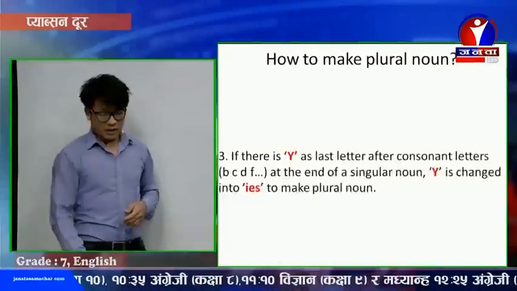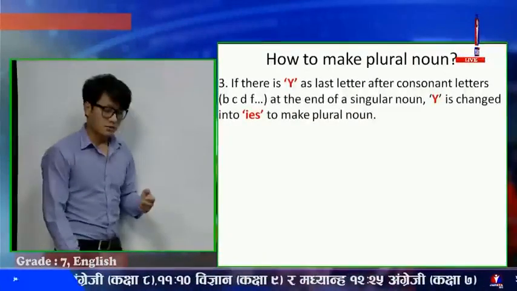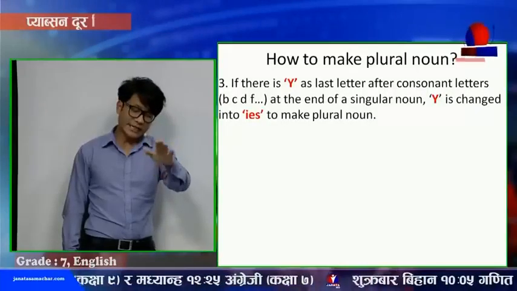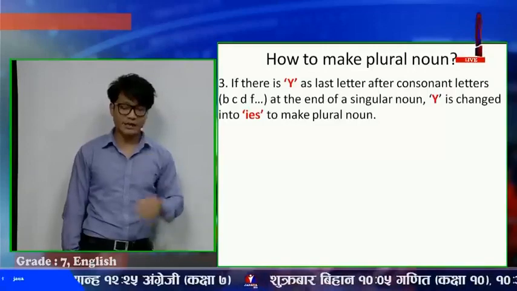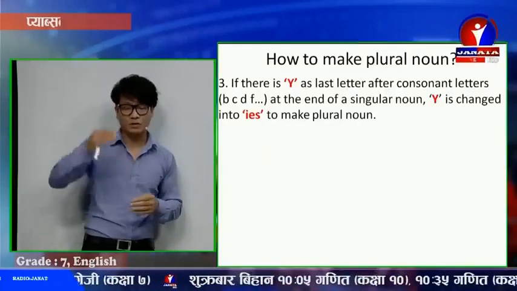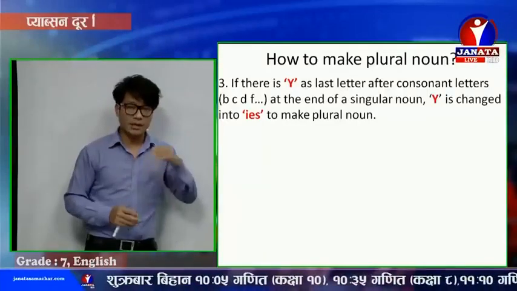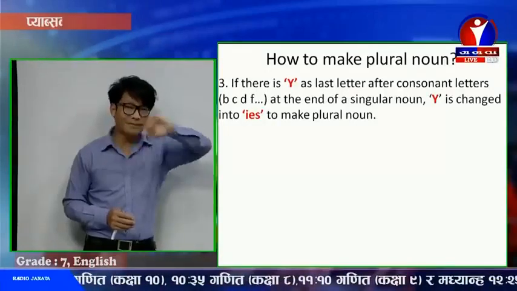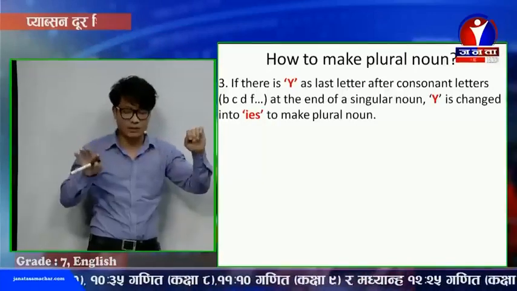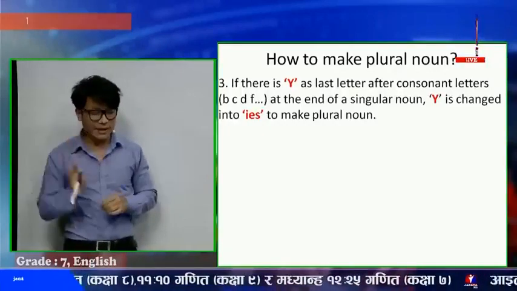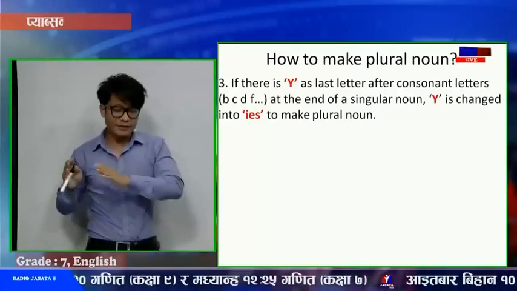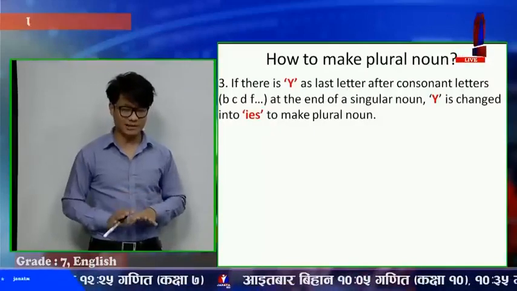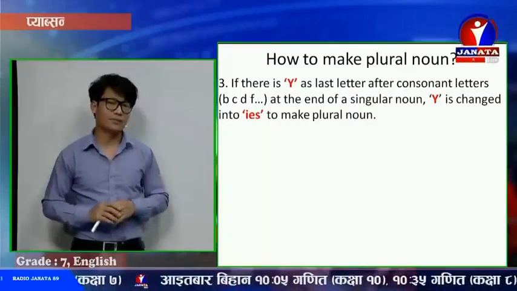So next, we are going to have another rule. If there is a Y as the last letter after a consonant letter, meaning except A, E, I, O, U, these 5 letters, all letters are consonants. So after a consonant letter, at the end of a singular noun, Y is changed into IES to make a plural noun.